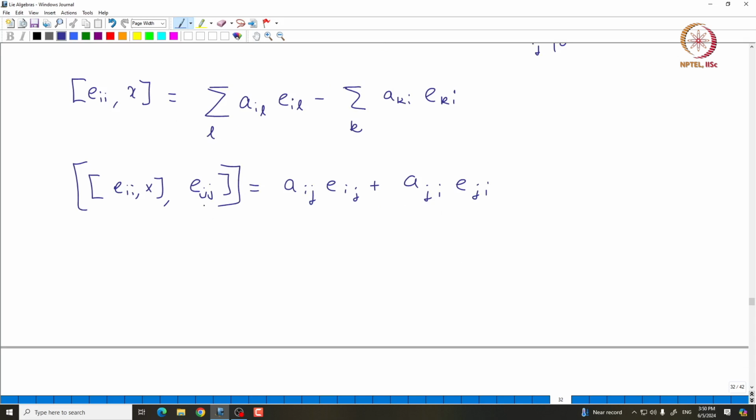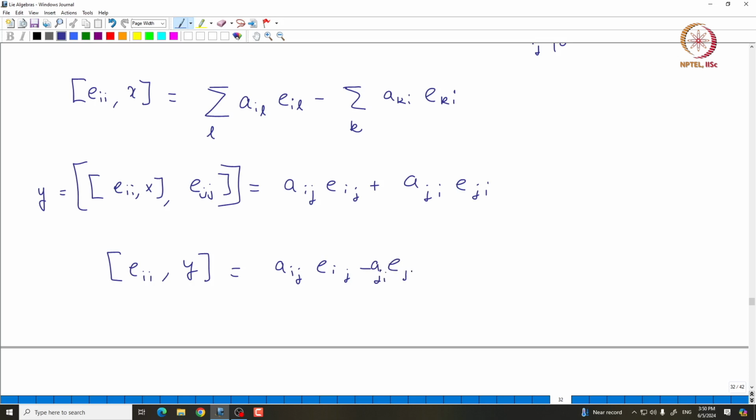Now, if we do one more bracket with e_ii, let us call this element y, then [e_ii, y] will be exactly equal to a_ij e_ij minus a_ji e_ji.